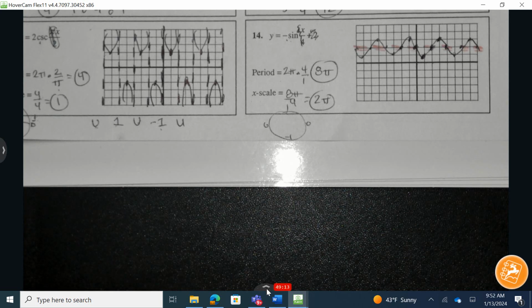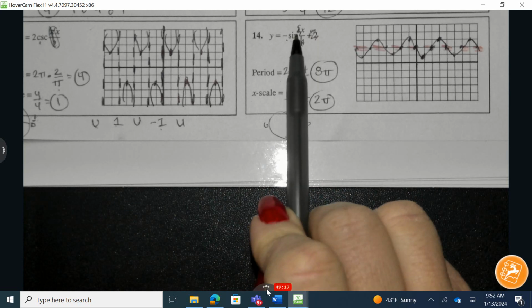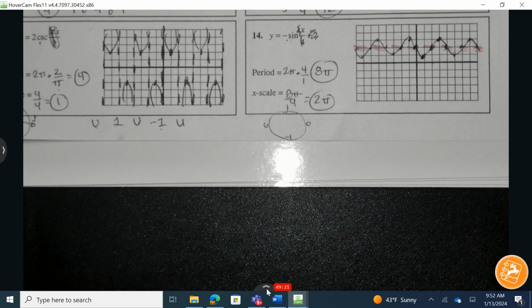Also, you will have a couple problems that have a vertical shift going up, or if this was a negative 2, we'd have moved this horizontal line down too. A common mistake I also saw is that students forgot when they work with tangent and cotangent, the period length of the parent function is only pi, not 2 pi.